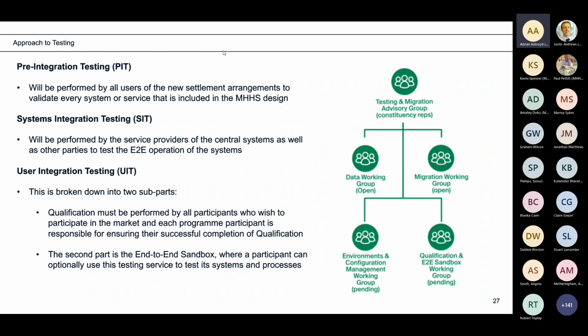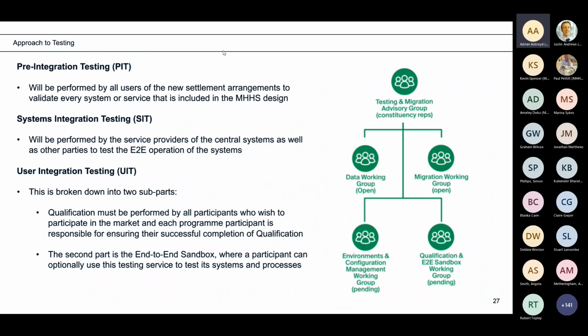We're then looking at setting up a system integration testing phase, and with this phase of testing, we're going to combine or component integrate the central systems, the Elexon central systems, the DTN, DCC, the registration services, etc. We're going to build that in a sequential and staged manner.